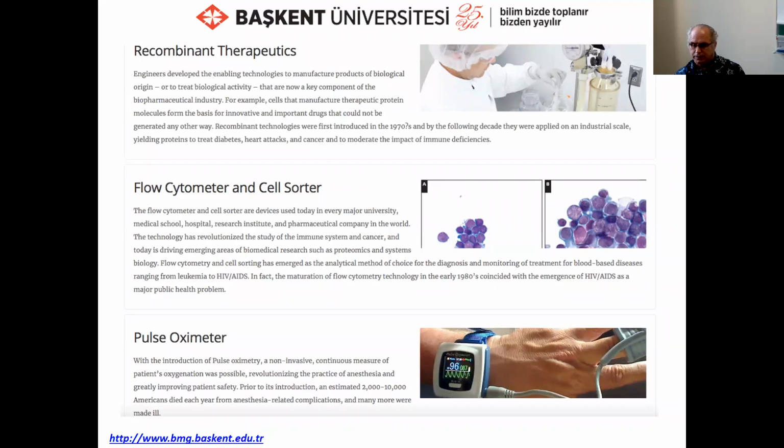After recombinant DNA technologies were first discovered and introduced in the 70s, after the 80s we have seen that scientists were trying to use recombinant technologies for different health science applications.